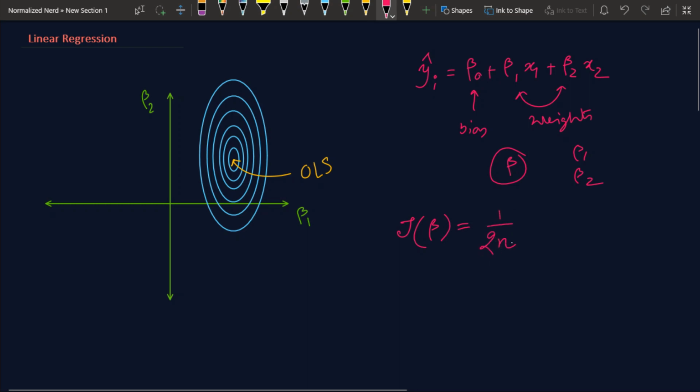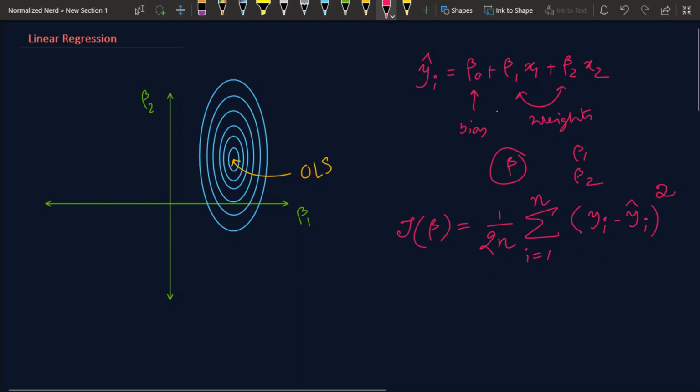By the way, n is the number of data points in our data set, and the summation runs from 1 to n throughout the data points, and here we have ground truths minus our predictions, and obviously we have to square it because this is the least square cost function, and we minimize this term to get the values of beta.